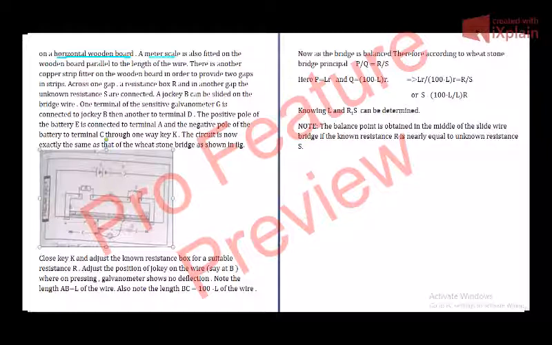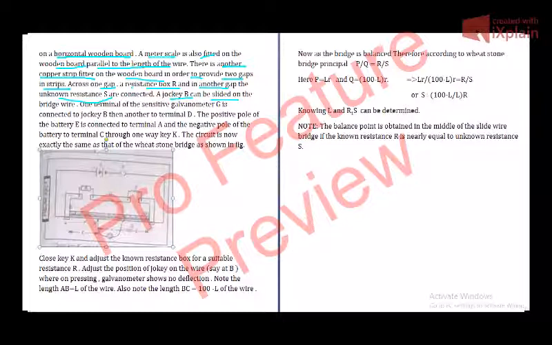If you go to the laboratory, you can see this bridge there. A meter scale is also fixed on the wooden board parallel to the length of the wire. There is another copper strip fitted on the wooden board in order to provide two gaps between the strips. Across one gap, a resistance box R and in another gap, the unknown resistance S are connected. A jockey B can be slid on the bridge wire.